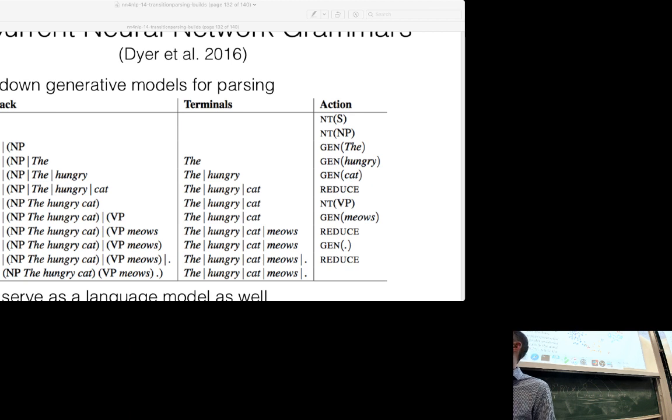So each phrase gets its own embedding. The ones in dark blue are verb phrases. The ones in red are relative clauses. The ones in yellow are prepositional phrases. The ones in light blue are noun phrases.